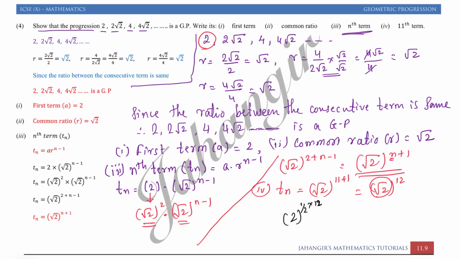Whenever you are removing square root, cube root, you have to write raised to 1 by 2, 1 by 3 and so on. So this will become 2 raised to 6, that is 64. So first answer is first term, second answer is common ratio, third is nth term. Only little difficult part is to make nth term. And then fourth part is also easy. You have to just substitute the value of n.